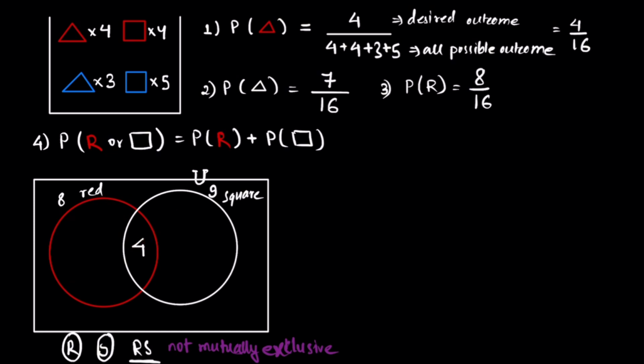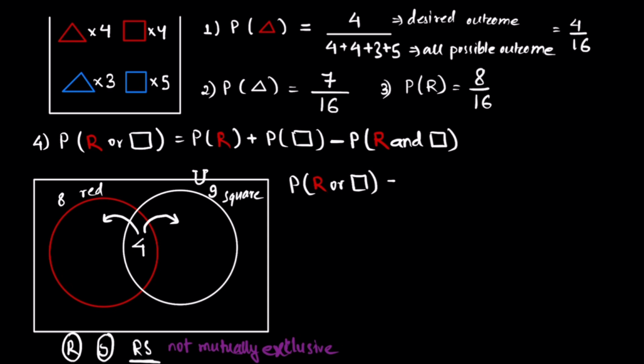I mean, this red square is added in red as well as added in square. So to get the correct probability, you have to remove this part from the equation at least once. So you have to remove the probability of getting red and a square.